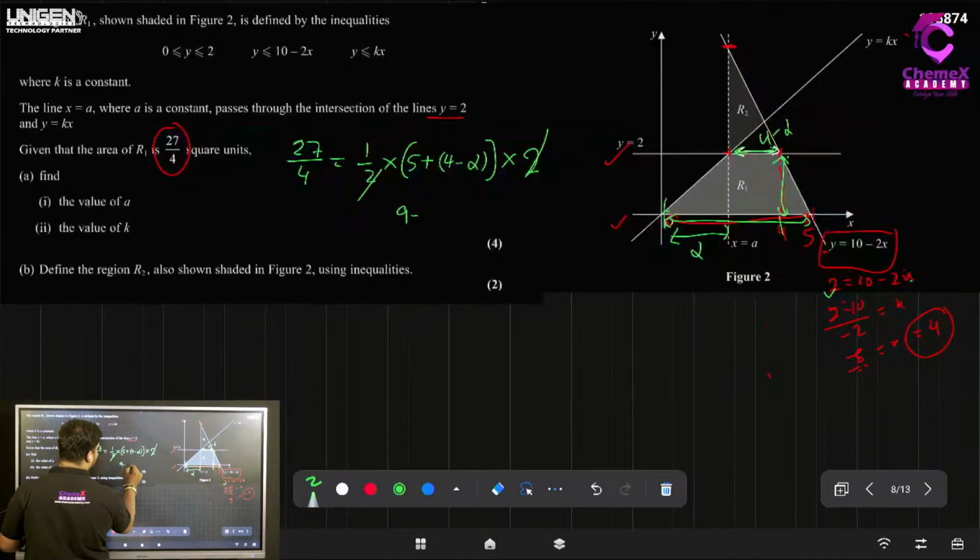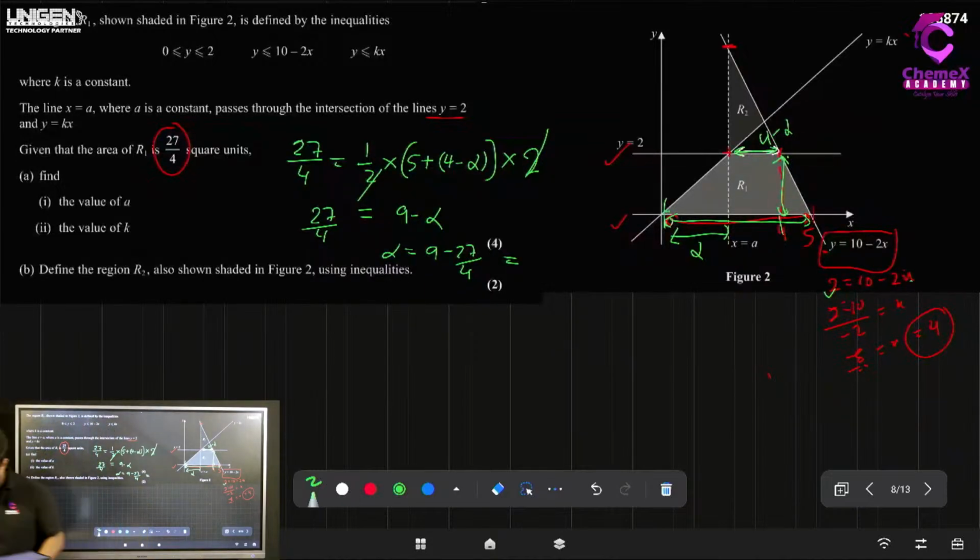So 9 minus alpha equals 27 over 4. So alpha equals 9 minus 27 over 4. What's the answer?